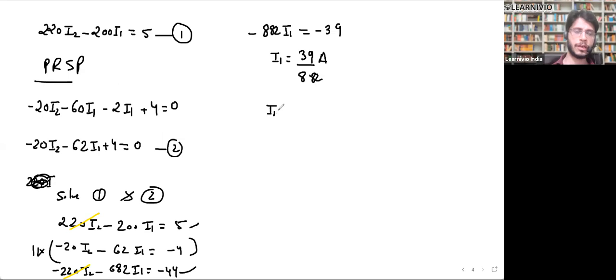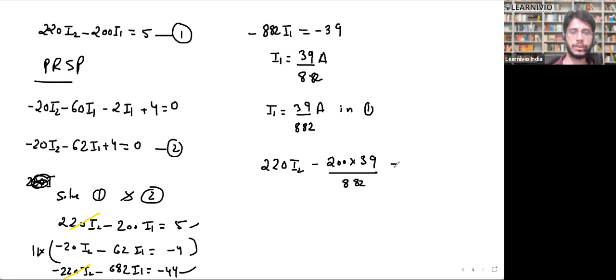Yes, sir. Next we substitute I1 equal to 39 by 882 ampere in equation number 1. If I do this substitution, I get 220 I2 minus 200 into 39 by 882 is equal to 5.